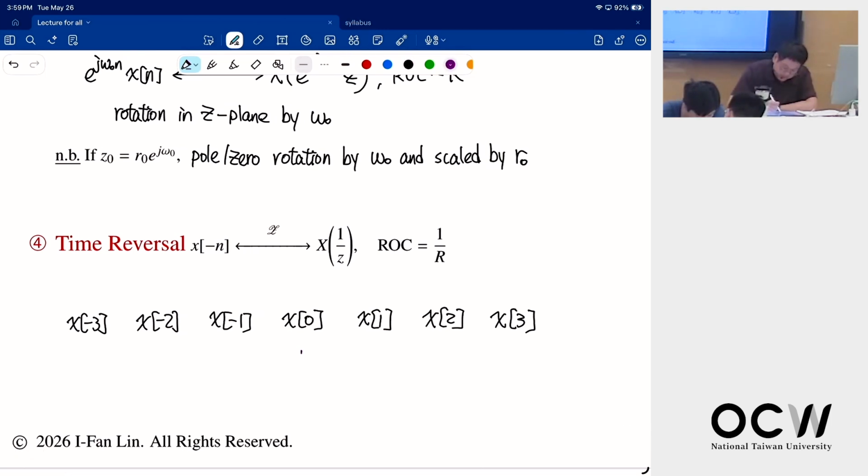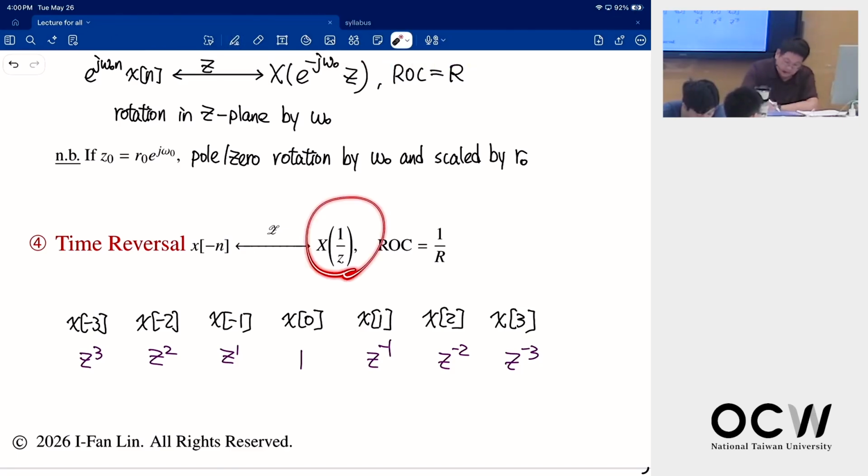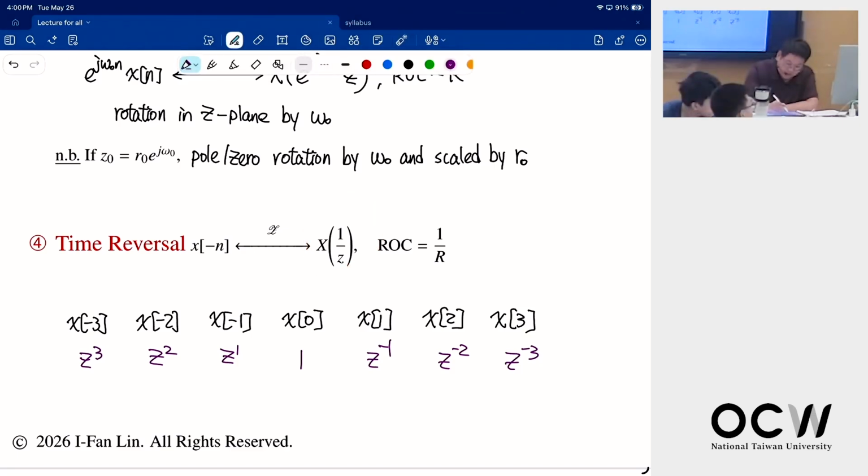This is z to the 0, z to the -1, z to the -2, z to the -3. Here's z, z squared, z cubed. So if I have a time reversal, there will be 1 over z. So they just switch, like here and here, because they do the reversal.